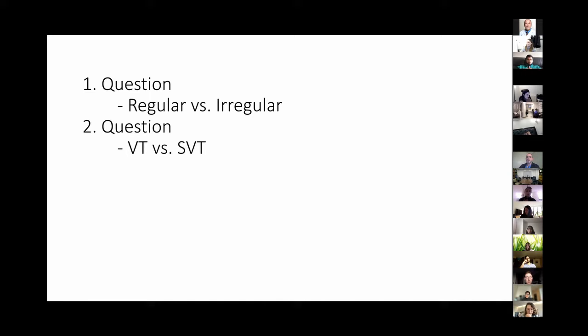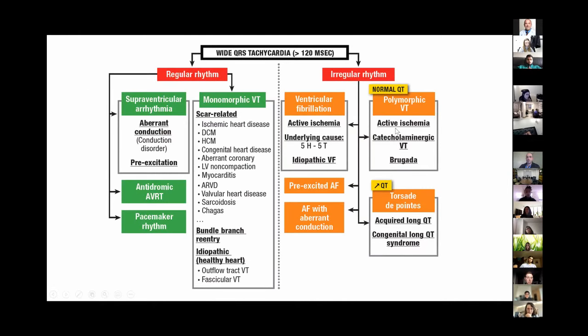So the reason why the first question I wanted you to answer to yourself is that it gives you this first kind of dichotomy of things. Because if you say this is irregular, whether it's narrow or wide, the possibilities are much more limited.